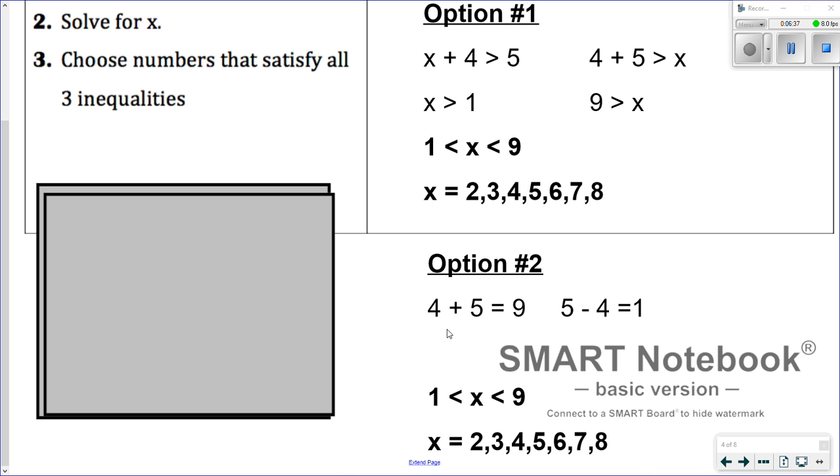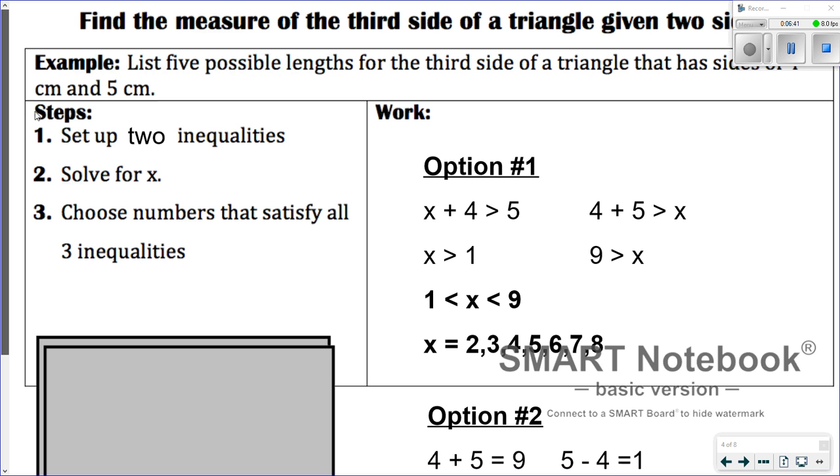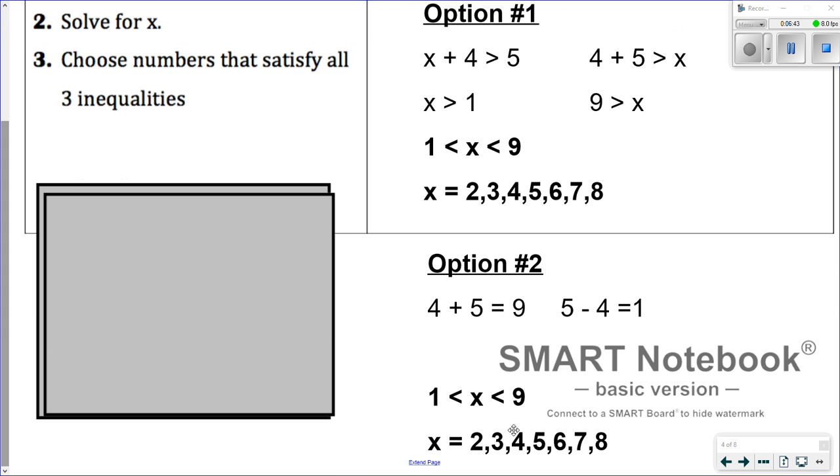So second option, you take the two numbers that they gave you, 4 and 5. You add them, gives you 9, and then you subtract and gives you 1. So that means your numbers for your third side will have to be between 1 and 9, not including those two. As you can see, you end up with the same numbers as we did when we did option 1.